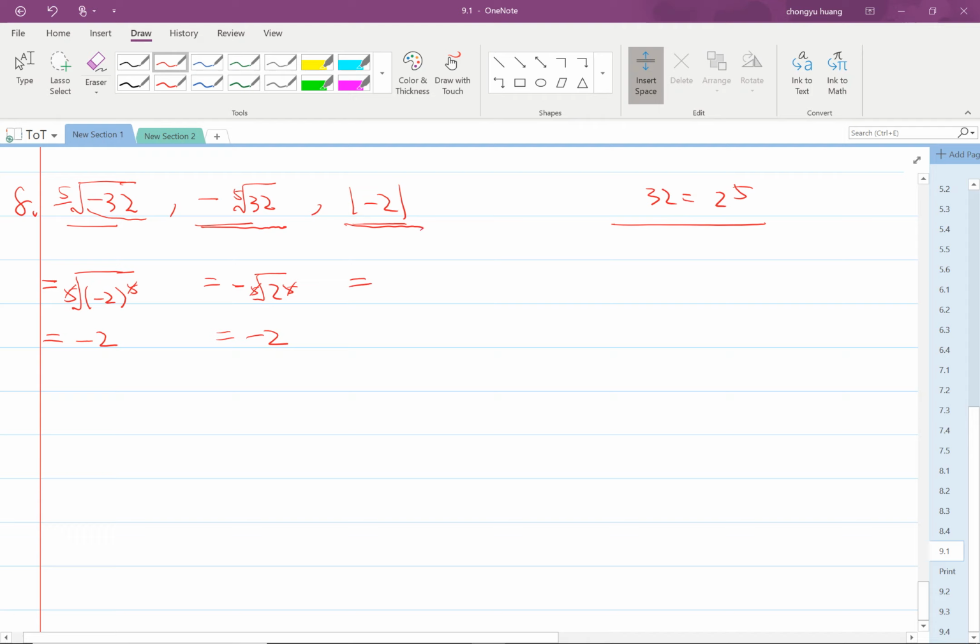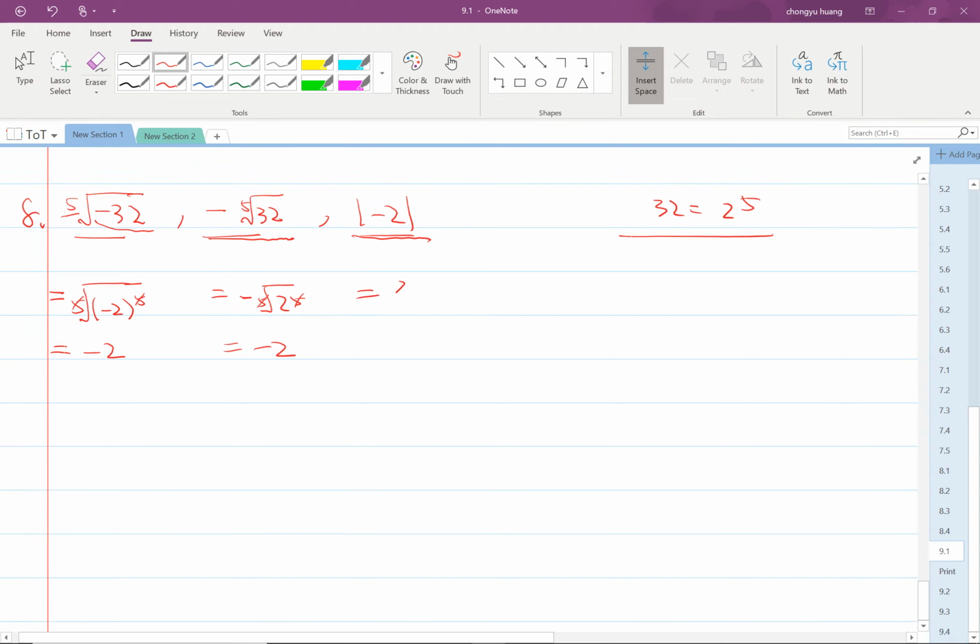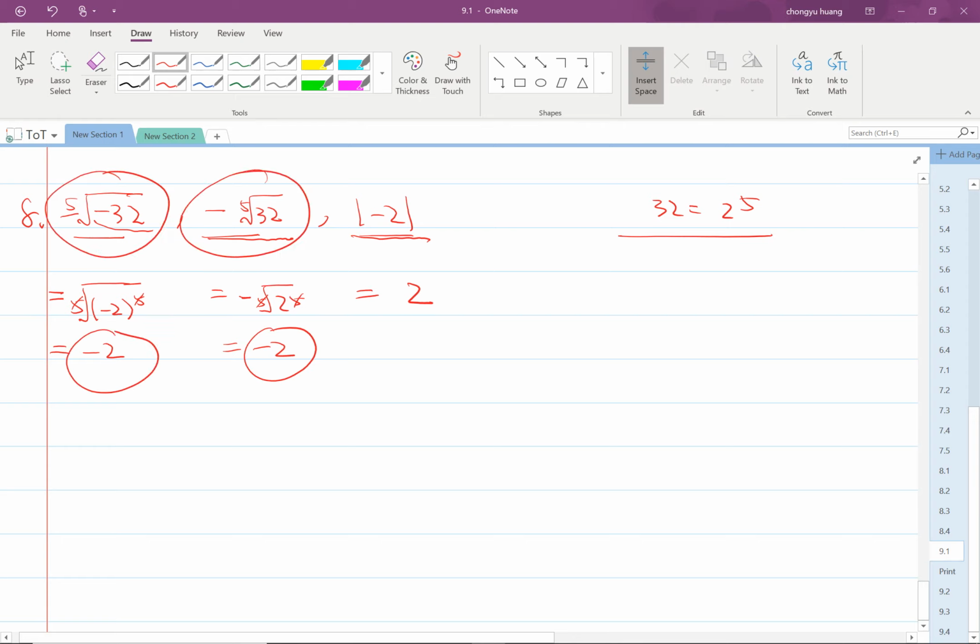The absolute value of any number will be positive, so our final solution will be positive 2. As you can see, negative 2, negative 2, and positive 2. The first two statements are equivalent.